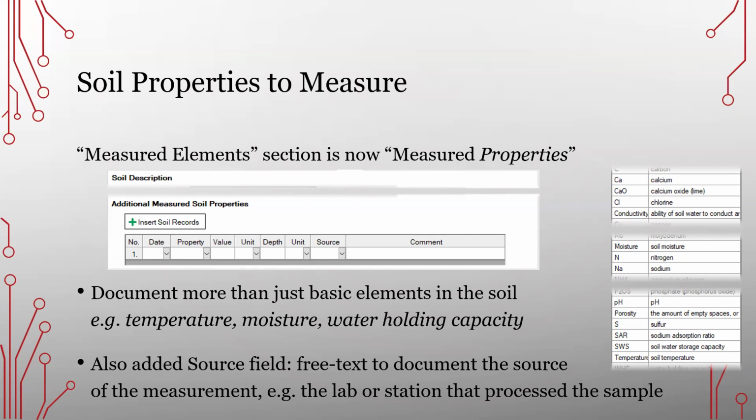So instead of just strictly elements that are in the soil, there's maybe a variety of other properties that you'd want to record about the soil. And so we brought in things like temperature, moisture, water holding capacity, all sorts of things.